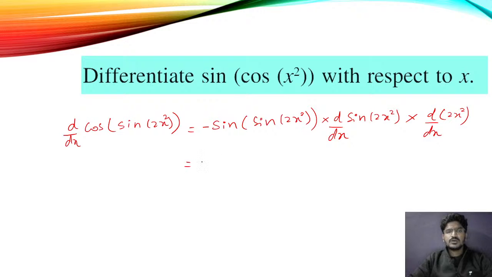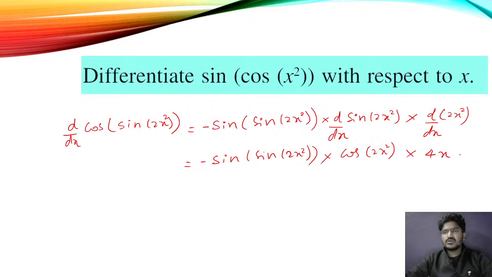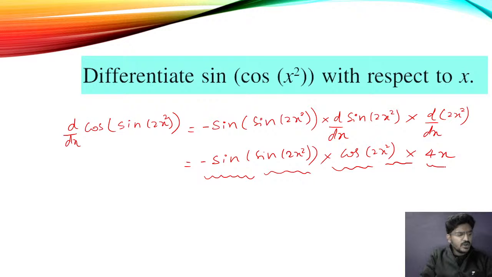So this is minus sin of sin 2x square multiplied with here differentiation of sin is what? Cos of 2x square multiplied with differentiation of 2x square is 4x. So like this you are going to get your answer. So please follow the method of chain rule to understand the problem.